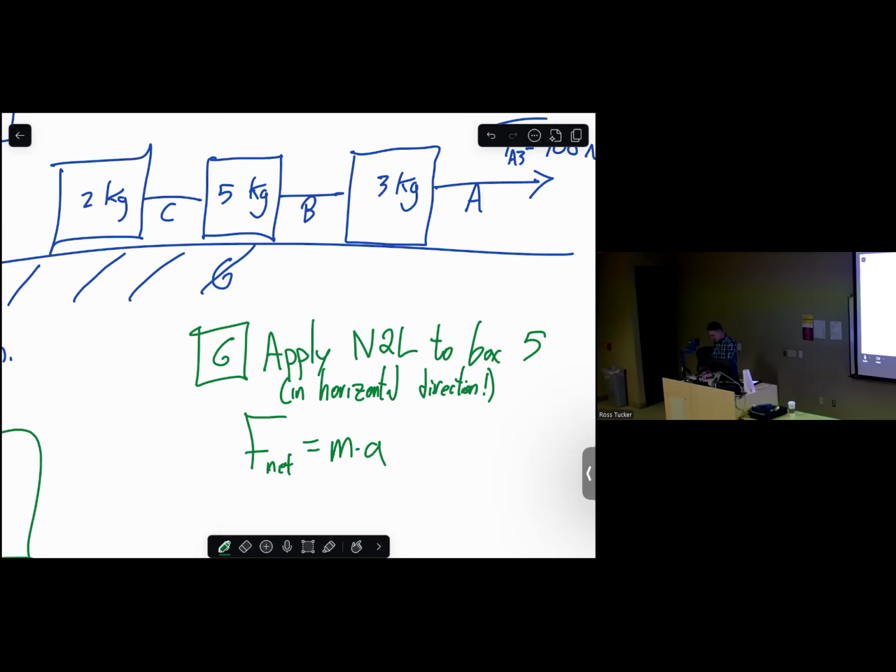Hey, what's the mass of box 5? Since, theoretically, the rope B would be adding tension force? Which direction does a rope going left pull?